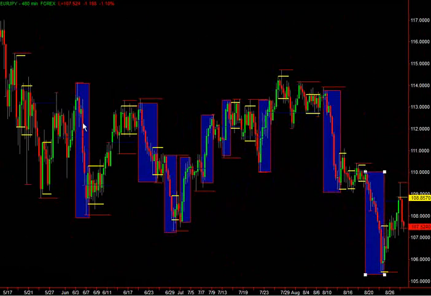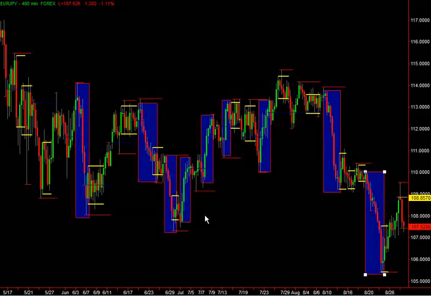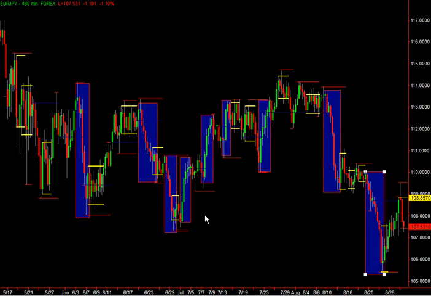So with that now done, what have I identified? Again, I've just marked probably some of the most obvious ones off, but what we've done here is we've identified where the balance of power has changed. There's been a dramatic shift in buyers to sellers or sellers to buyers.